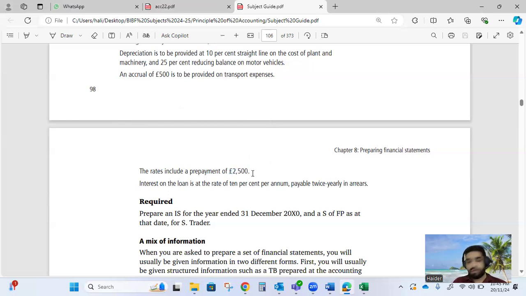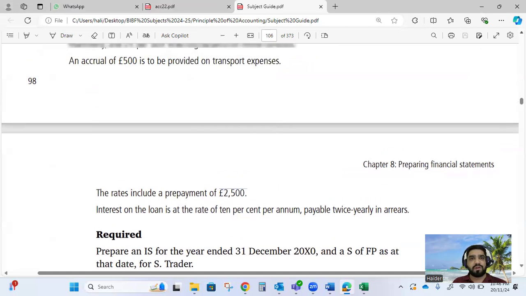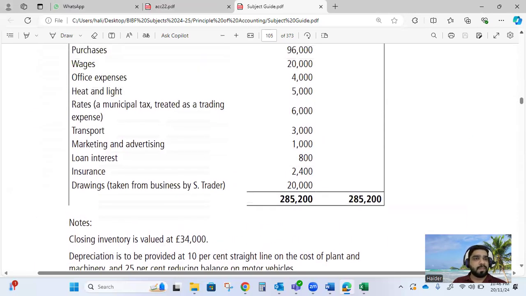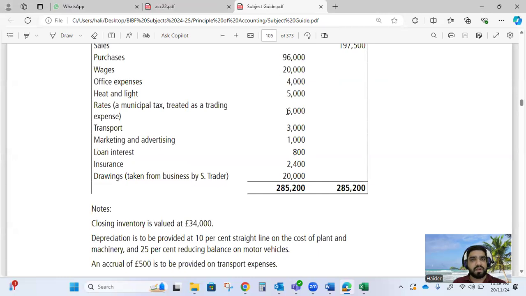So what we need to do, we need to just deduct this 2,500 from the expense of rents and rates. So just look into this expense category. So rents and rates are given 6,000. So 6,000 is paid, but out of this 6,000, 2,500 is prepaid items. So we need to deduct prepaid from this.